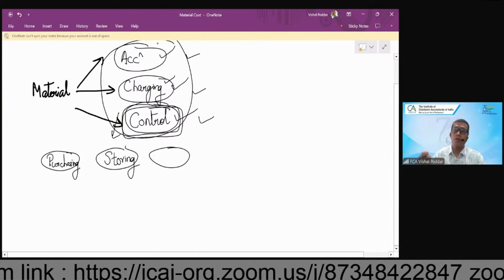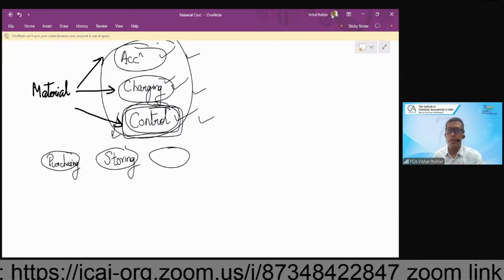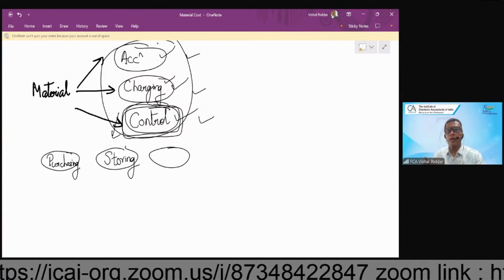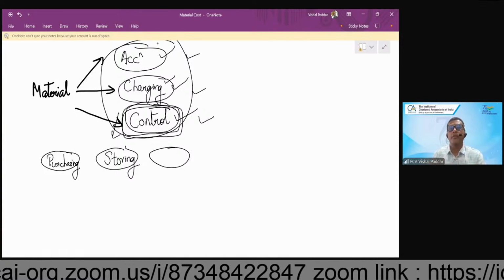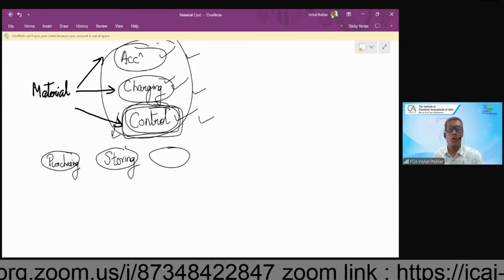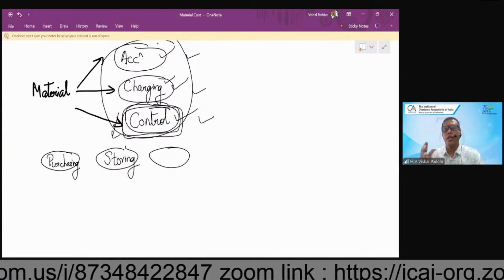However, as we move ahead in costing, when you go to the CA final level and in your self-paced costing subject, you'll find that over a period, the new technologies and the new concepts that have come into this subject of cost and management accounting say that storing has to be reduced. Storing function has to be eliminated.